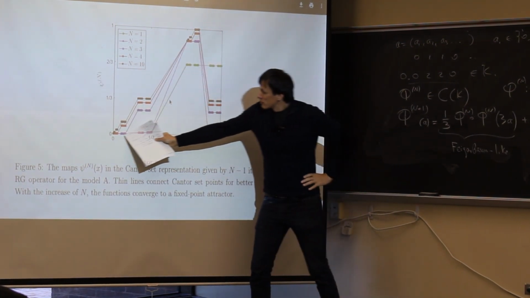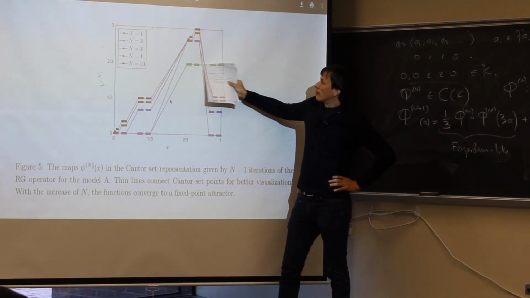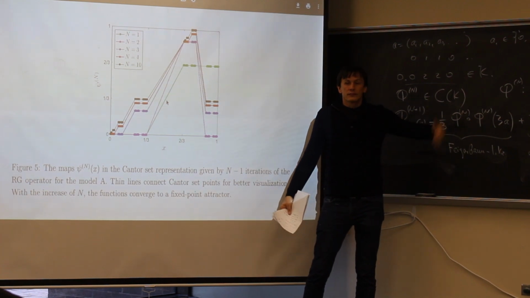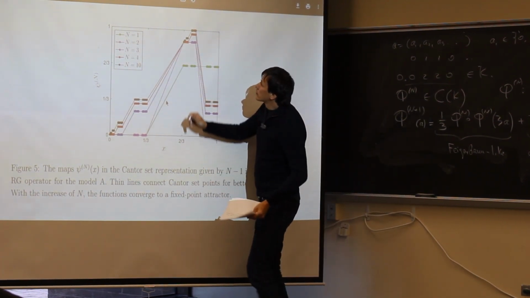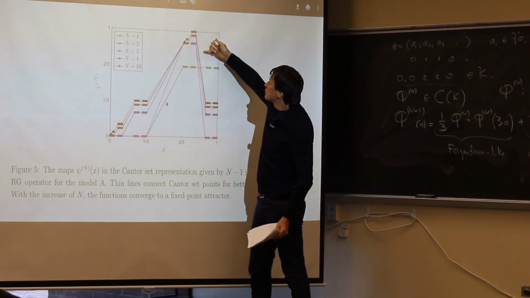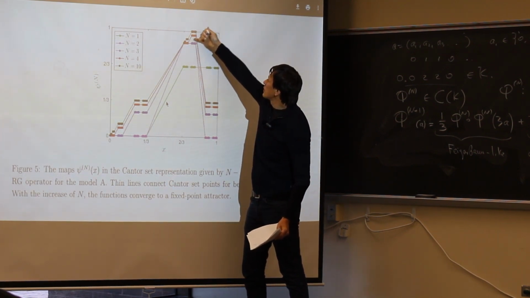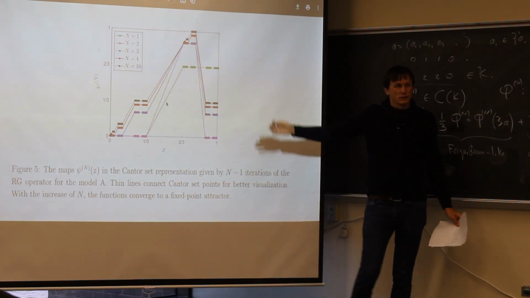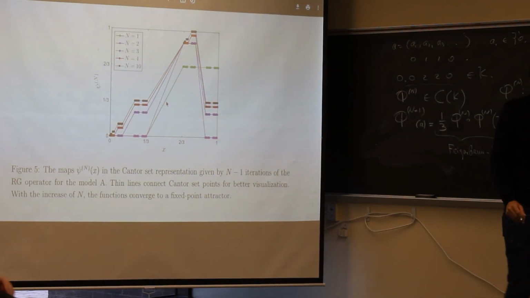The green one is Psi1. Then you apply the same operator every time. This is 2, then red is 3, and so on, and then it converges.